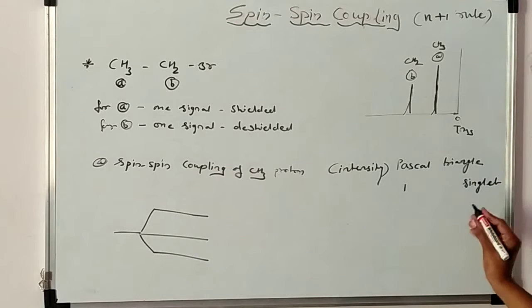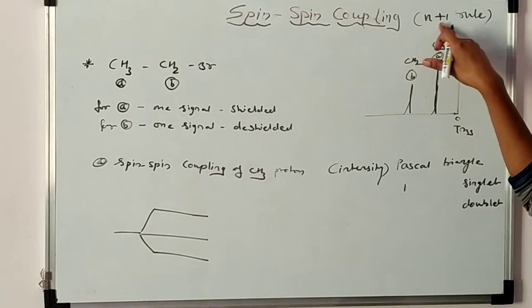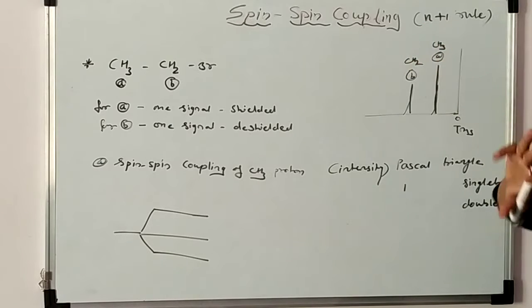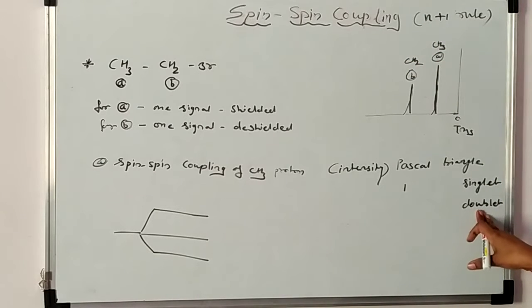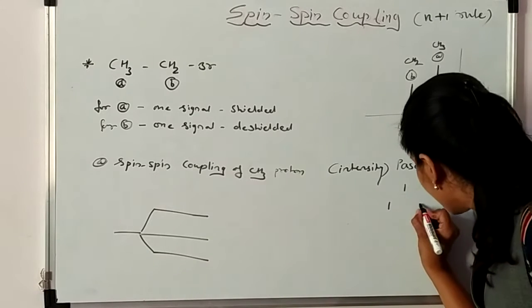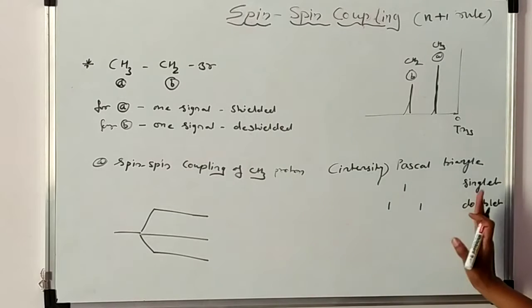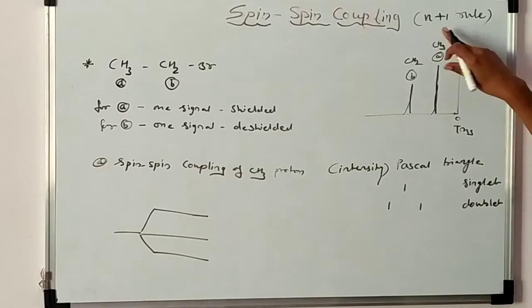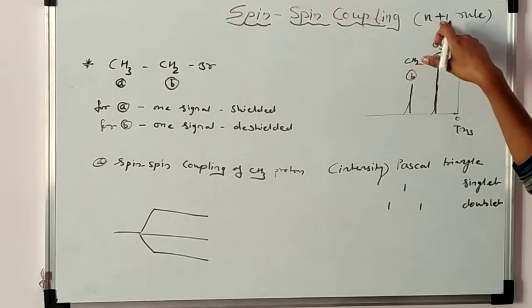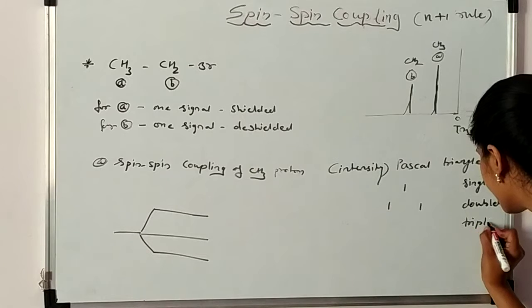When we say doublet, in the multiplicity format there is 1 + 1, that means 2. Here I have written doublet, pronounced as doublet. That means when we draw the Pascal triangle, we draw 1 1 in the corner. Next, when we put 2 + 1, that is 3, that means triplet.